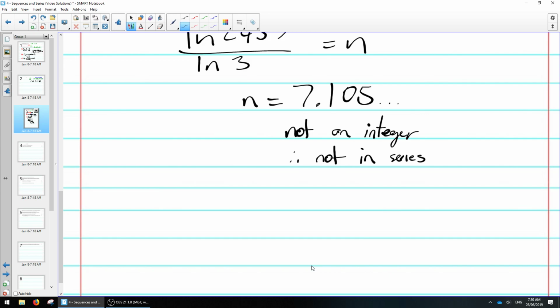Now, let's say, just for instance, that because we changed to positive 3, n did equal 7, so it was an integer. What we'd have found there is that it might be in the series, but we don't know for sure, so you'd have to check the alternation between negative and positive, and see if it fits the pattern.